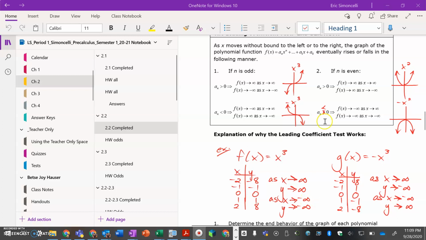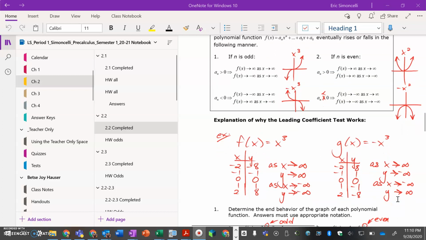Okay, and again, the graph kind of nicely speaks to that right here as well. Similarly, this right here, same type of deal, except it's negative x to the third. Notice your x's and your y's taking shape. That would then speak to something like this. So again, as x goes to positive infinity, you go down, and as x goes to negative infinity, you go up. This is just an xy table analysis.